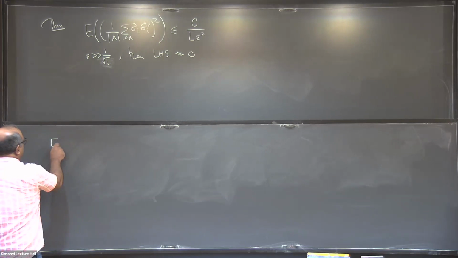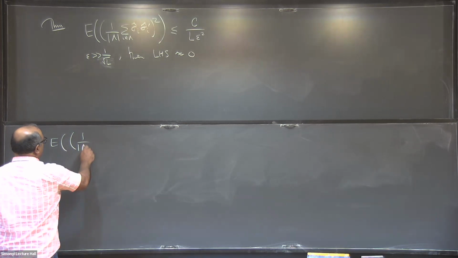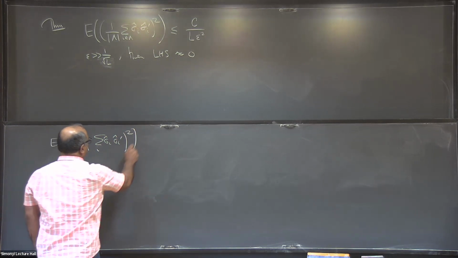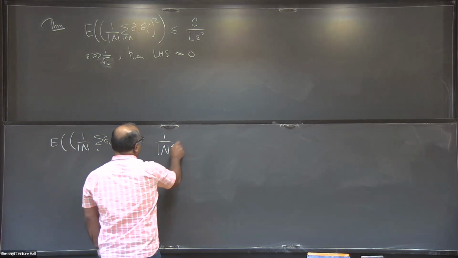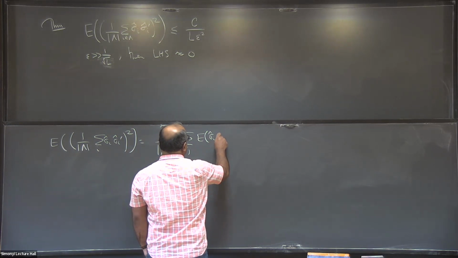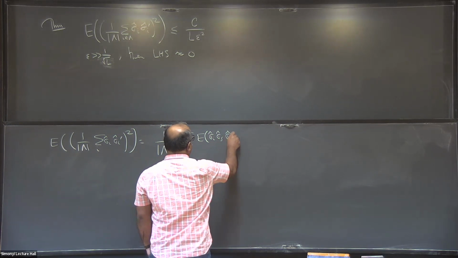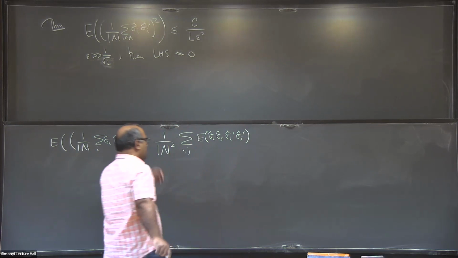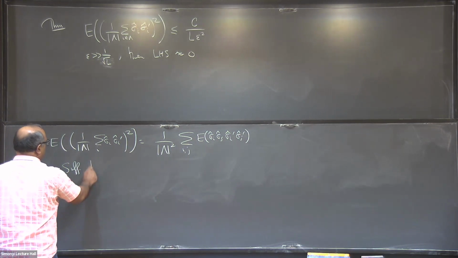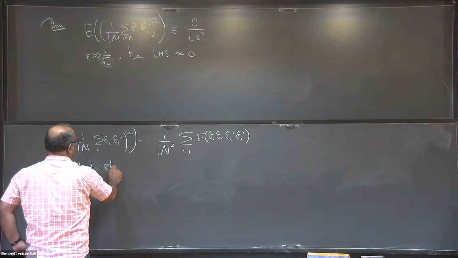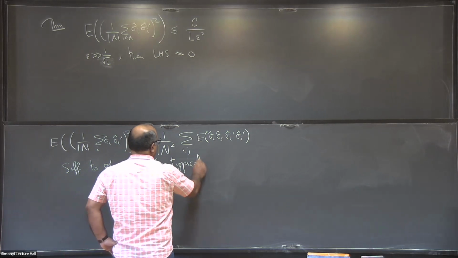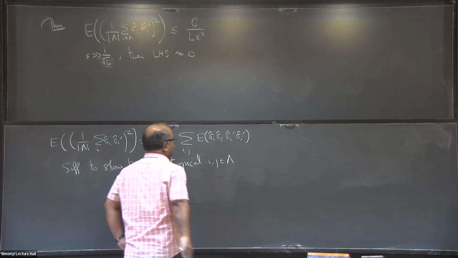So let's see. The first step is to just expand out this thing. It's the average over all sites, sum over all i and j, of the expected value of sigma i hat, sigma j hat, sigma i prime hat, sigma j prime hat. So it suffices to show that for typical i, j in lambda, this is small.